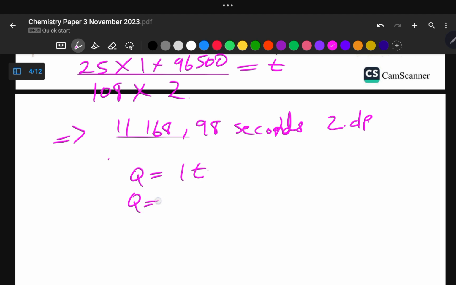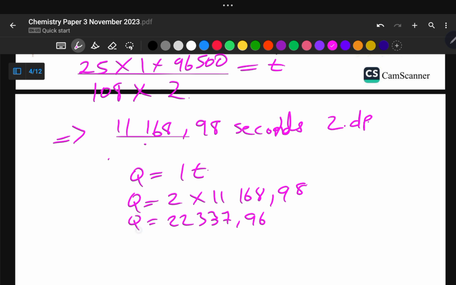So charge is equal to the current, 2 amps, multiplied by the time, 11,168.98 seconds. Going to our calculator to multiply 2 by 11,168.98, we have 22,337.96. This is the charge for 4 moles of electrons.